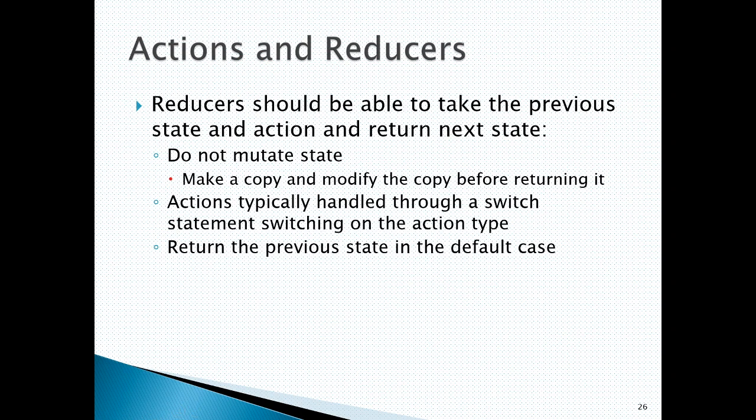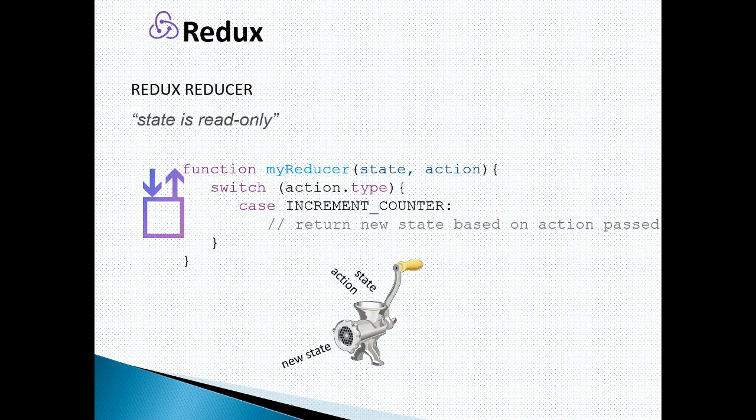Now the reducer should be able to take the provided previous state and action and return the next state. Do not mutate the state. Make a copy and modify the copy before returning it. So it is basically an immutable process, immutable state. No state will be updated, but a new state will be returned on each request.